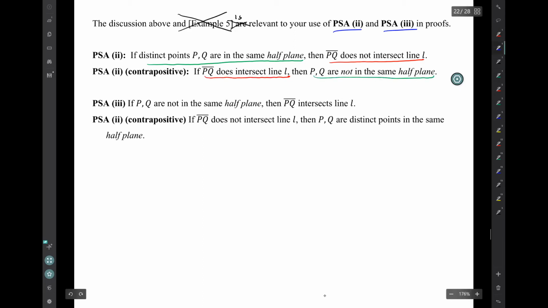PSA3 says, if P and Q are not on the same half-plane, then segment PQ intersects line L. And finally, PSA3 contrapositive, this should say 3 contrapositive, says that if segment PQ does not intersect line L, then P and Q are distinct points in the same half-plane.